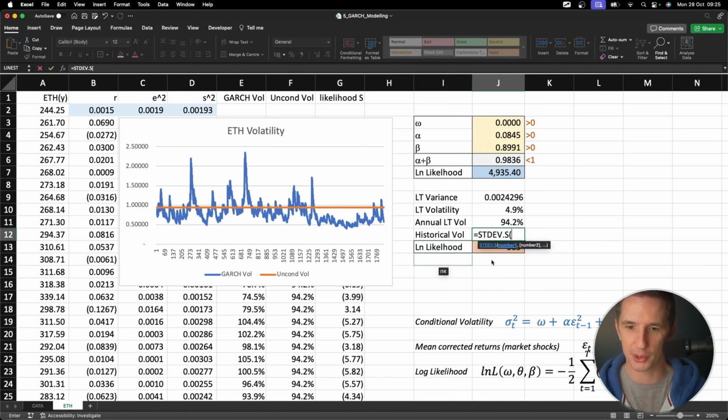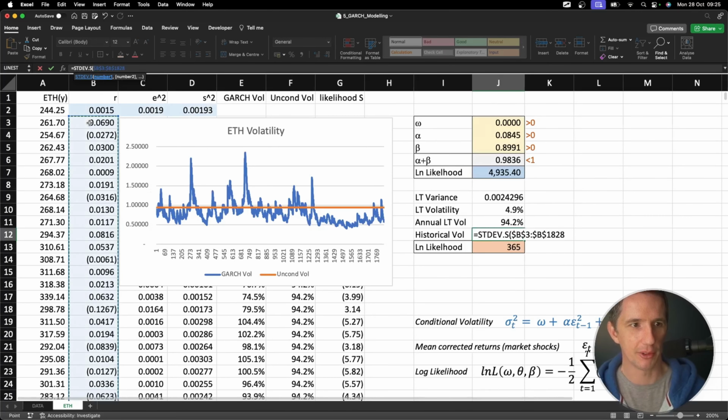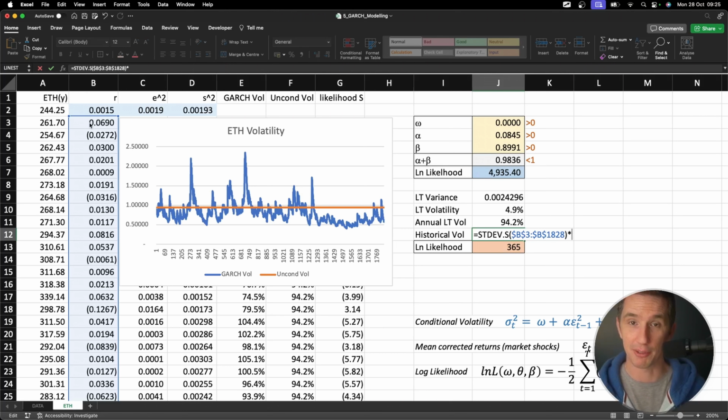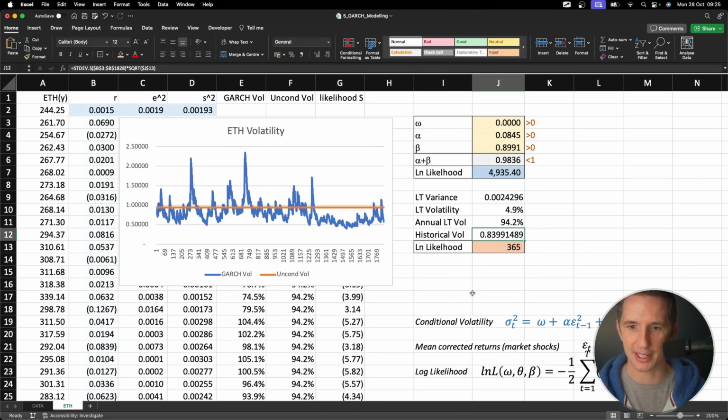So we need the sample standard deviation, STDEV.S. I'm going to highlight all of those cells over there. So that's the standard deviation. We could leave it here, but that's not our volatility number yet. We're going to multiply it, to give it its annualized value, by the square root of this number over here. And there we go, we've got our standard deviation times our annualized value.